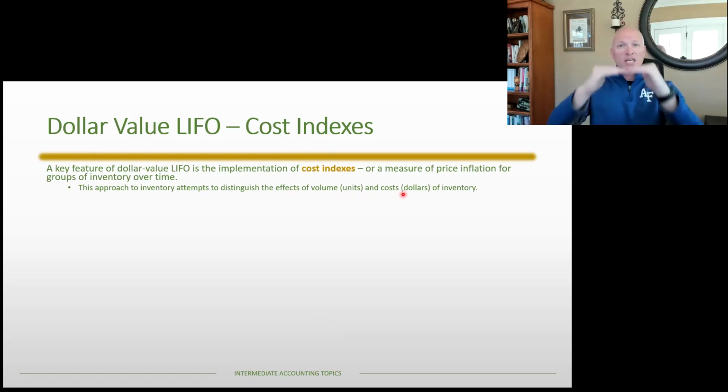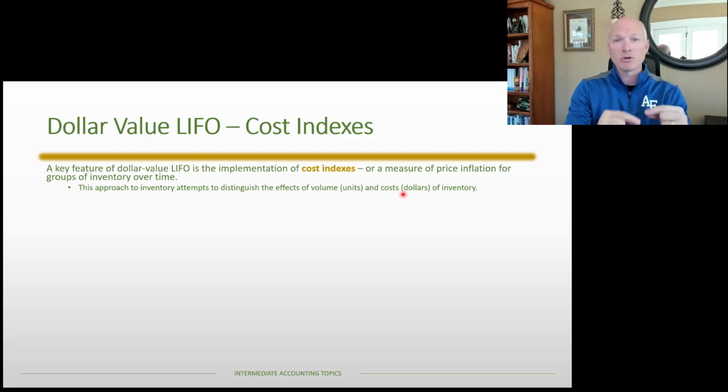Remember, we're not tracking individual layers anymore. So we really don't know exactly how many layers are going into our inventory. All we know is we had X inventory. Now we have X plus inventory. Well, did that increase because the cost of our inventory went up, or is it because the number of units in our inventory went up? Which one is it? And so the idea here is we need to try to disentangle those two things.